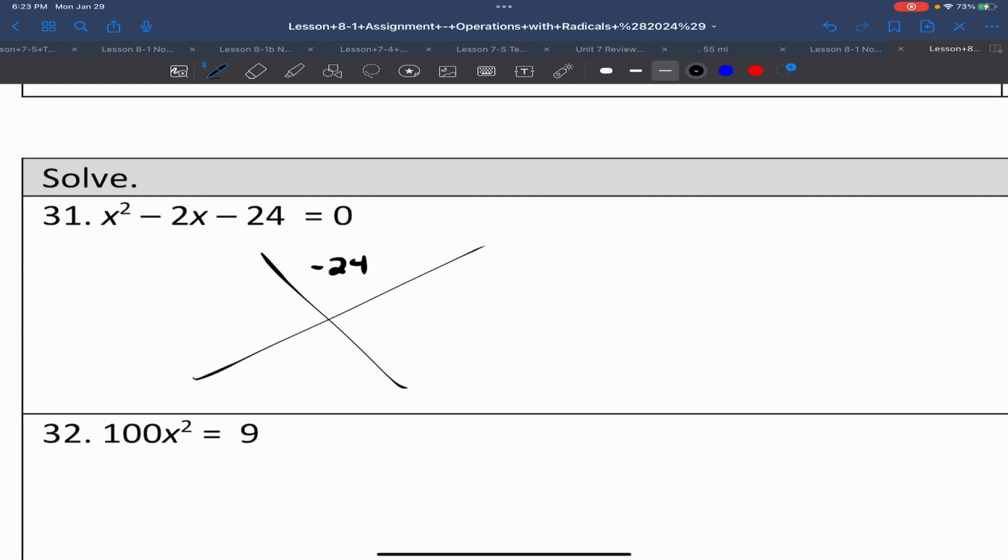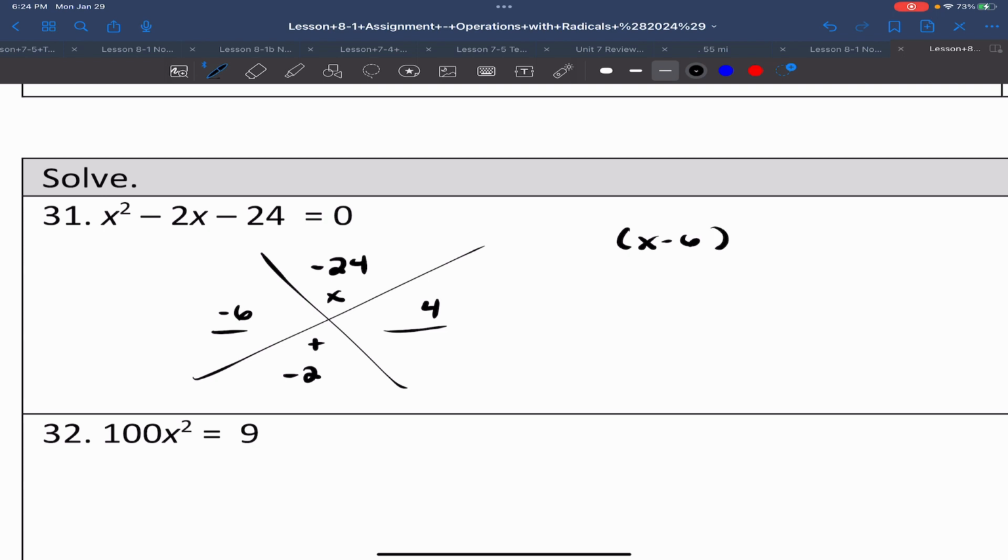Negative 24 goes up top, negative 2 goes on the bottom. Now think of two numbers that multiply together to give you negative 24 and add to negative 2. Let me think. I'm thinking, okay, negative 6 and 4, because negative 6 times 4 is negative 24, and negative 6 plus 4 is negative 2.